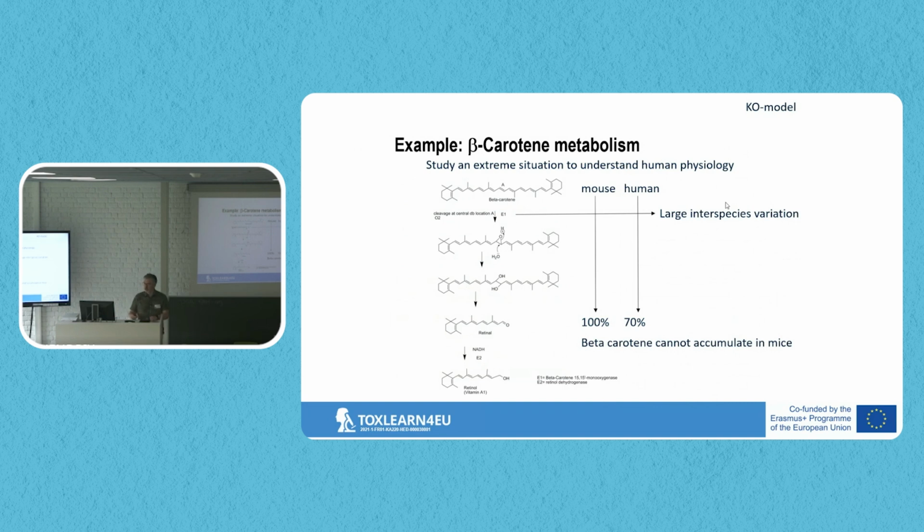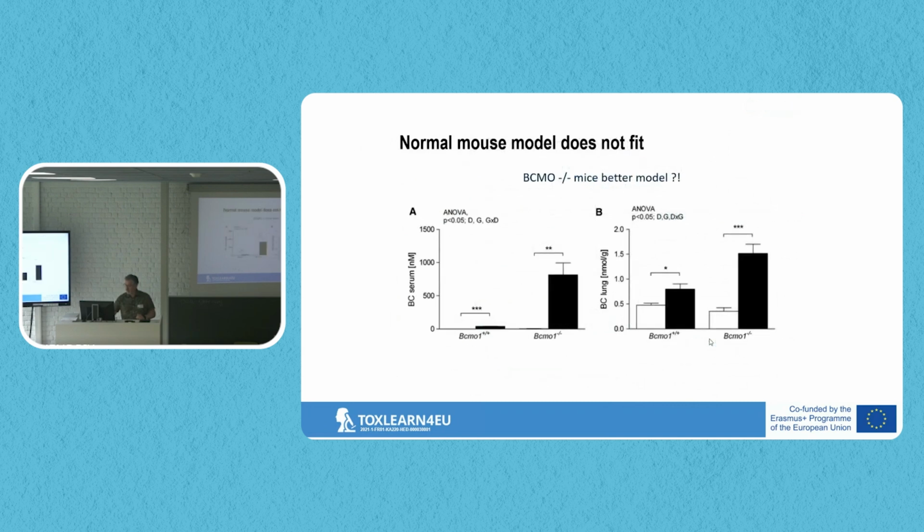We wanted to use a mouse model, but the mouse has a problem, because if we give beta-carotene to a mouse, it converts the beta-carotene 100% to retinol. And we humans only convert about 70% of our beta-carotene to retinol. As a result, beta-carotene cannot accumulate in mice, but it can in humans. One of the enzymes that is central in that is the enzyme BCMO.